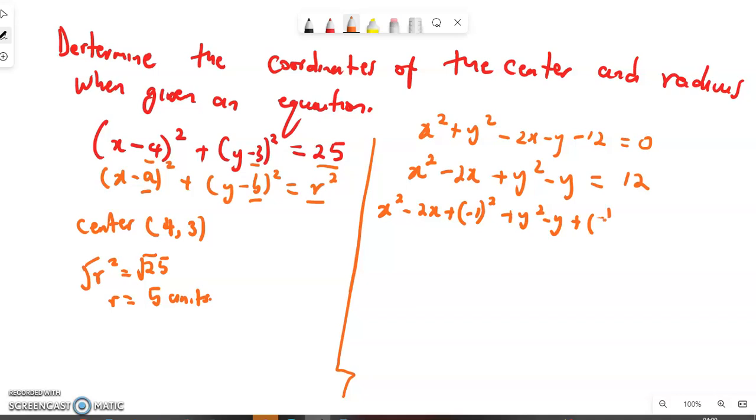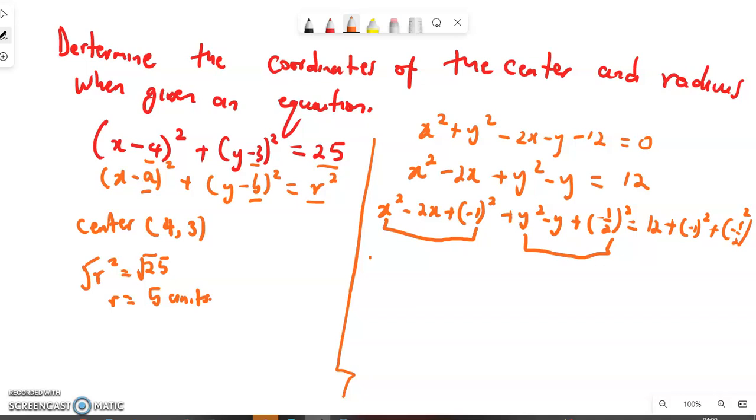So it's going to be negative half all squared is equal to 12 plus negative 1 squared plus negative half squared. Right, so we keep our sides equal. So now we have these terms.